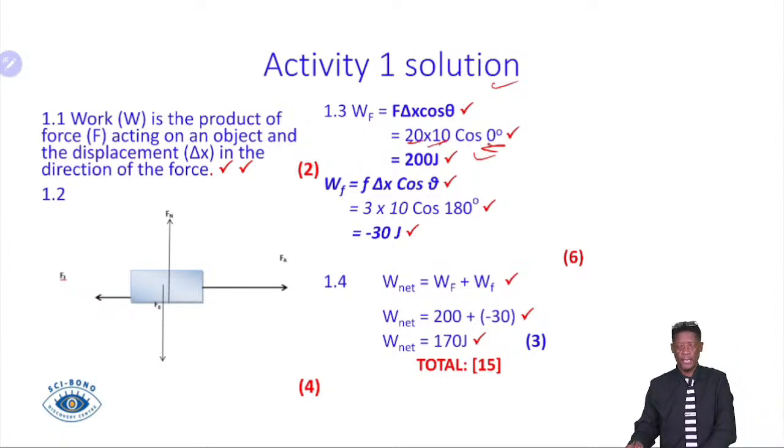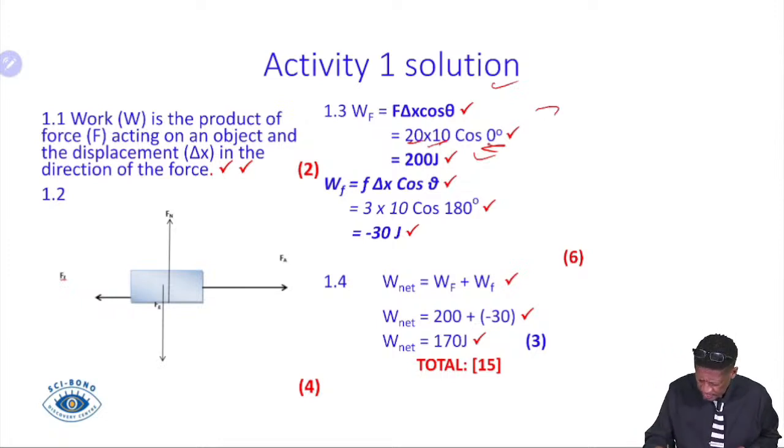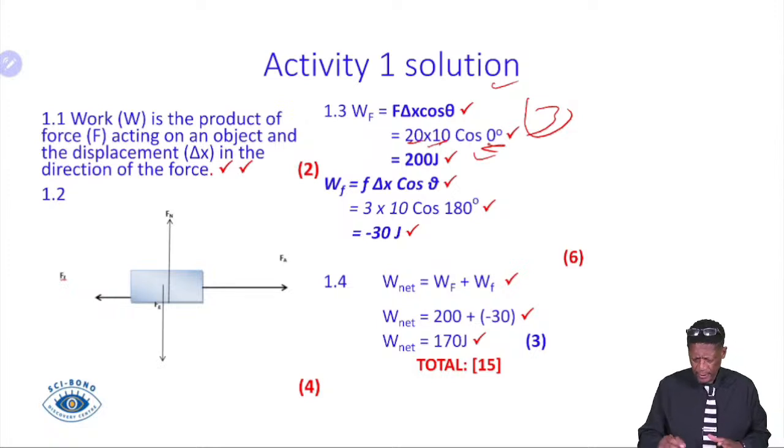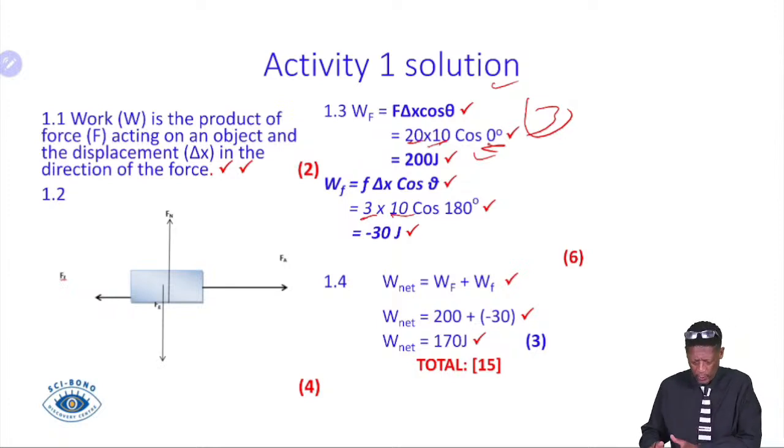That is the SI unit of the work, 200 joules. Then you come again. This is your 3 marks, right? Then you take the same formula, but now it's moving to the left because there's a frictional force acting upon this one. The frictional force is taking the 10, the displacement that you are given.